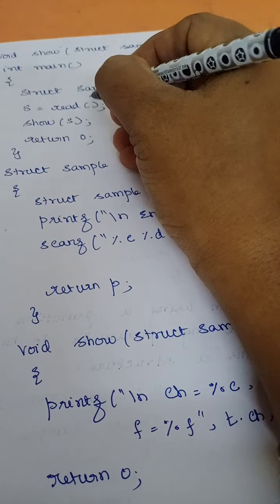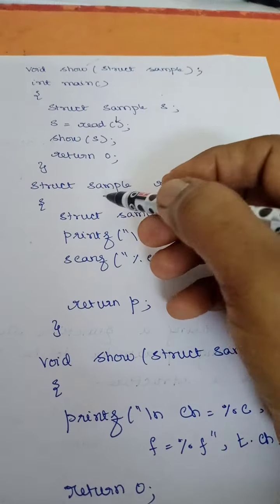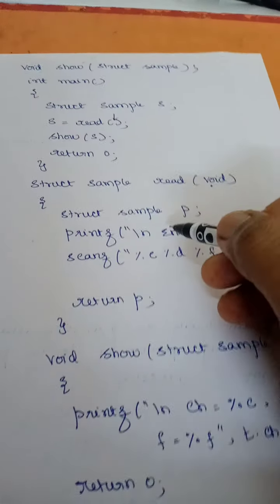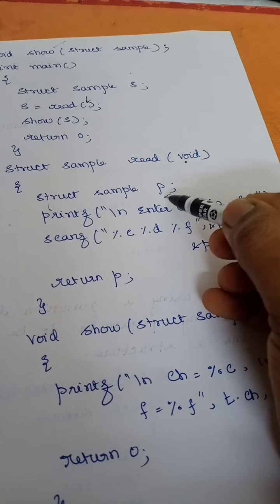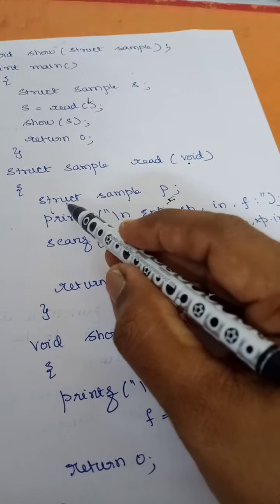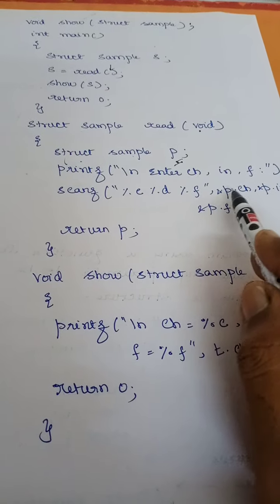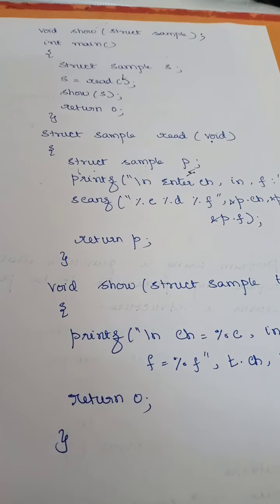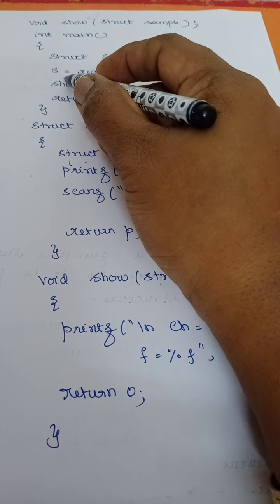Here I am not passing any argument, but it is going to return the structure variable. So read void. Since I am going to return a structure, I need to create one temporary variable here. So p is a temporary variable of type struct sample, and then I read the values from the user and return the structure. This structure is going to be copied here to s.